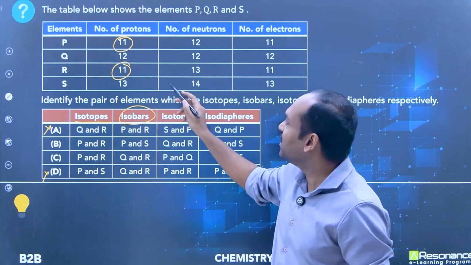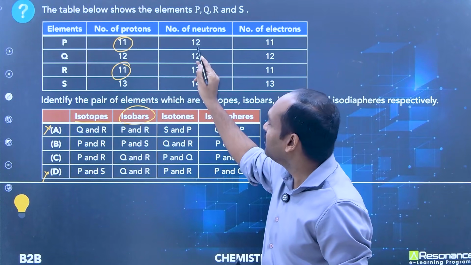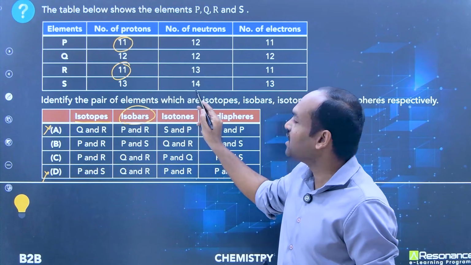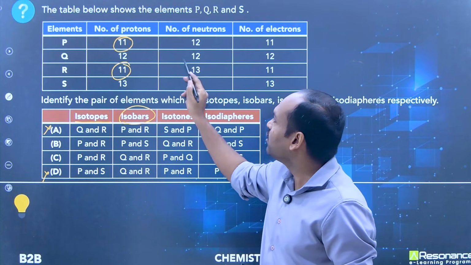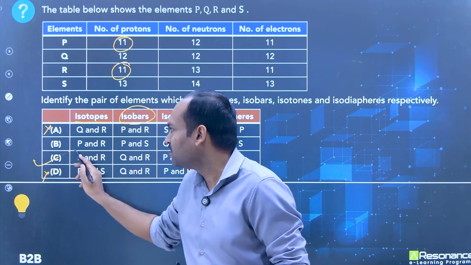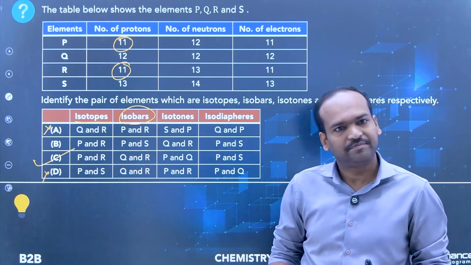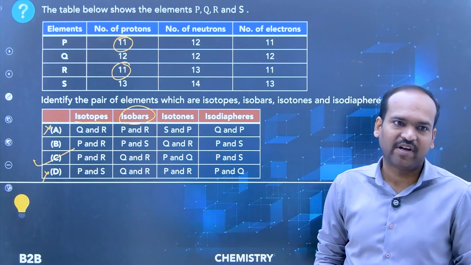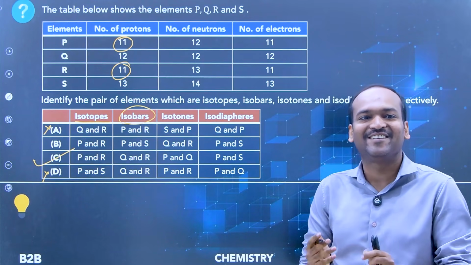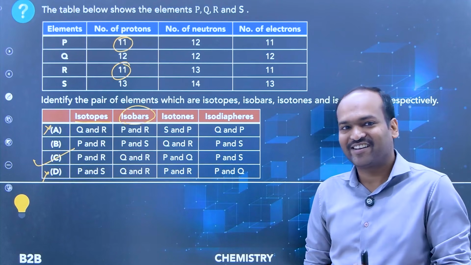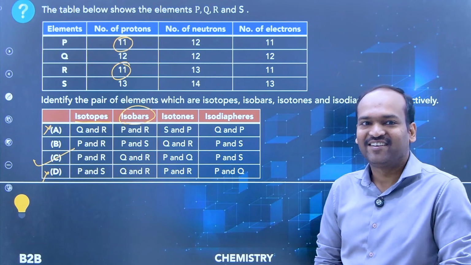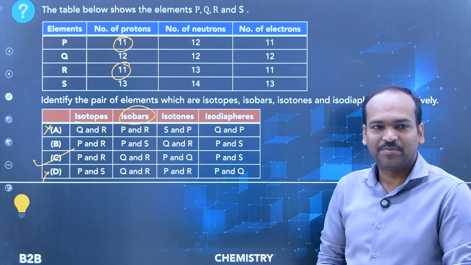If I check PS, 11 plus 12 and 13 plus 14, wrong. But QR, 12 plus 12 is 24 and 11 plus 13 is 24, yes. So C option. Great. If you give the answer, yes, you are correct.